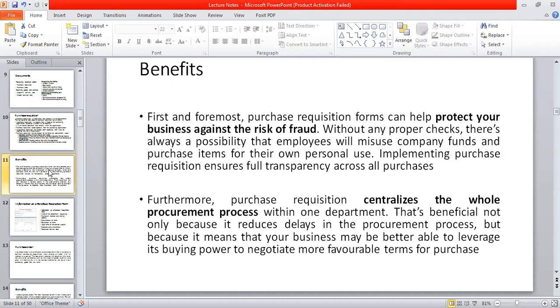They will just fill in the purchase requisition form, and the purchasing department will do that job for them. This is beneficial not only because it reduces delays in the procurement process, but also because your business may be better able to leverage its buying power, whereby it will be able to negotiate favorable terms and conditions when dealing with different vendors.